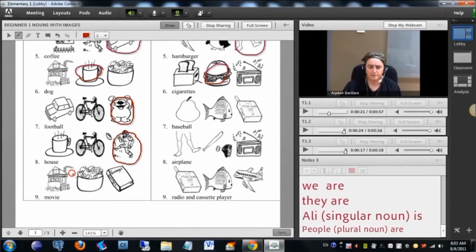Okay, this is a house. And up here, number 6, cigarettes. These are cigarettes. Number 7, this is baseball. Number 8, this is an aeroplane. Okay, and look for number 9 is on the next page. Number 9 is movie, and number 9 here is radio and cassette player. Let me take you to the next page.